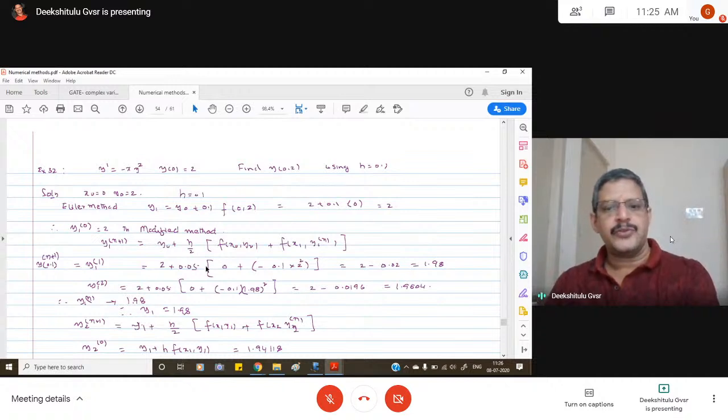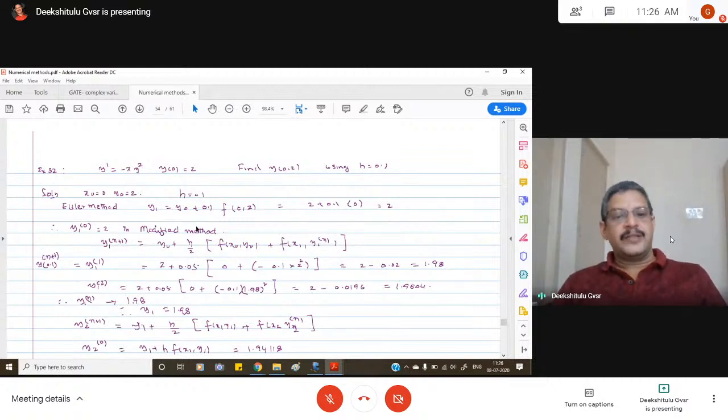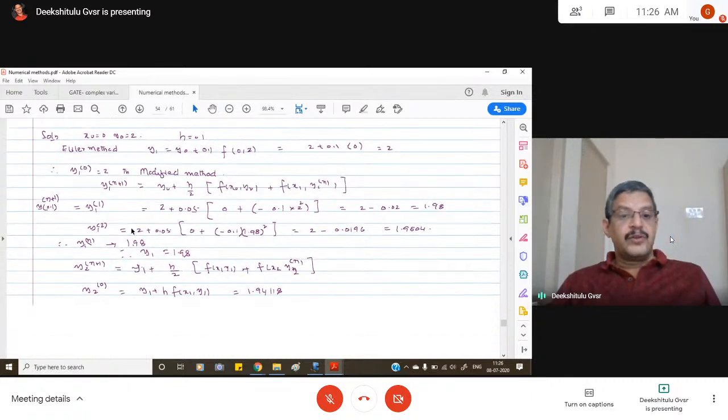So 2 plus h by 2, which is 0.05, times f of x0, y0, which is 0 because x is 0, plus f of x1, y1. x1 is 0.1 and y1 you take this y10, that is 2 square. If you simplify this, that is 1.98. y12, again 2 plus 0.05 times 0 plus, again in place of y11, 1.98 square, is 1.9804.